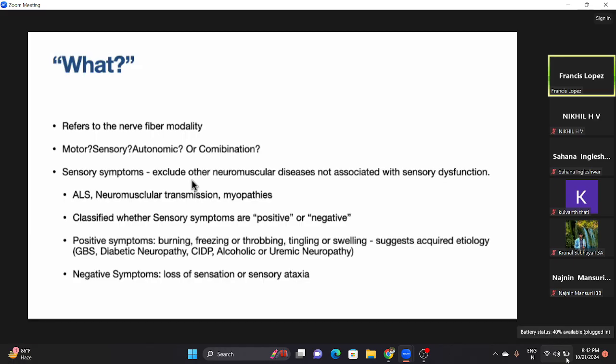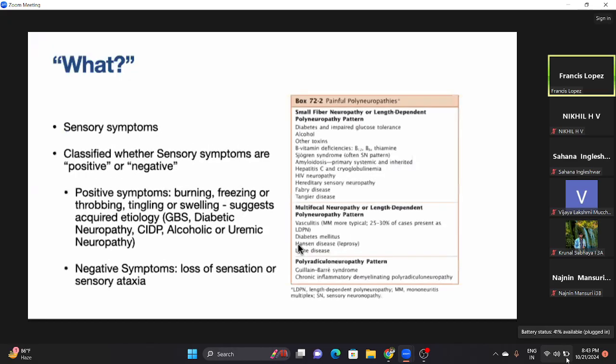Negative symptoms, on the other hand, are examples of which are loss of sensation and or sensory ataxia. Negative symptoms will likely suggest hereditary causes, but not all the time. Okay, we have discussed this. These are the different types of painful polyneuropathies.